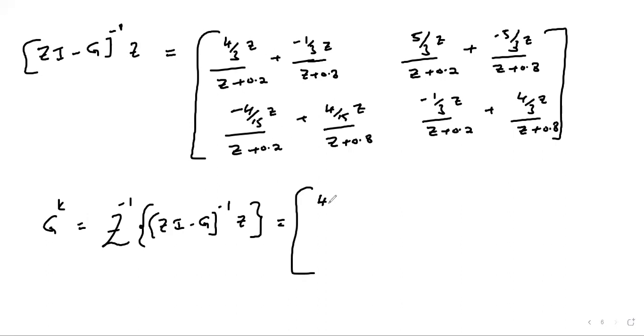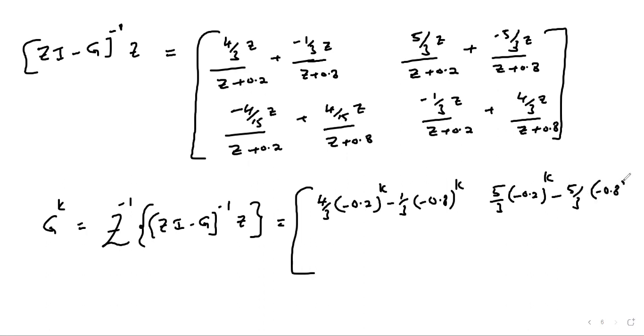The first one will give us 4/3 (-0.2)^k minus 1/3 (-0.8)^k. Then the second part will be 5/3 (-0.2)^k minus 5/3 (-0.8)^k.